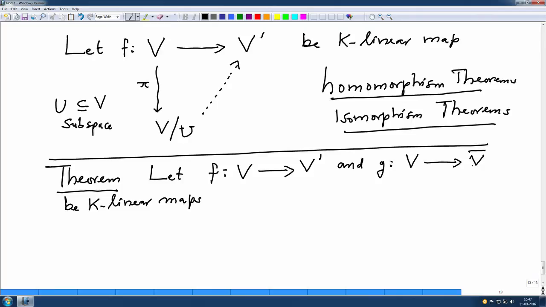V prime, V bar, they are all K vector spaces, and I have two linear maps with the condition that the kernel of G is contained in the kernel of F. It will be clear how this condition will be used once we write the statement. And let us also assume G is surjective.